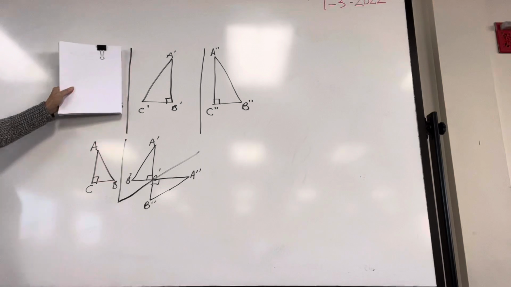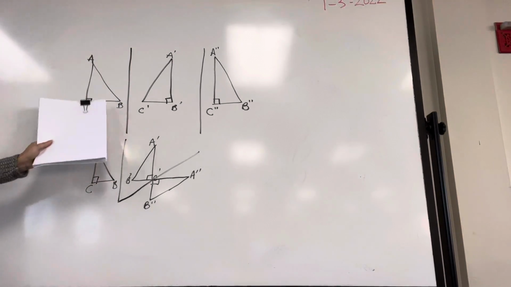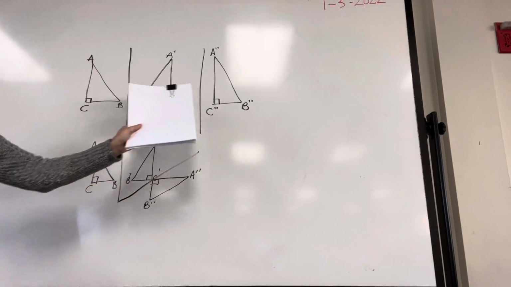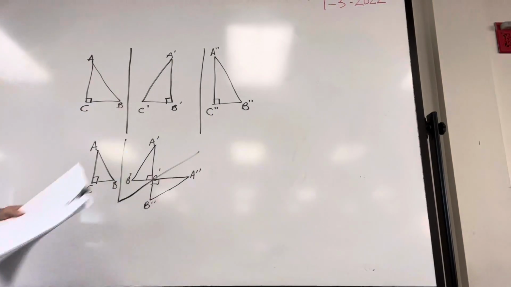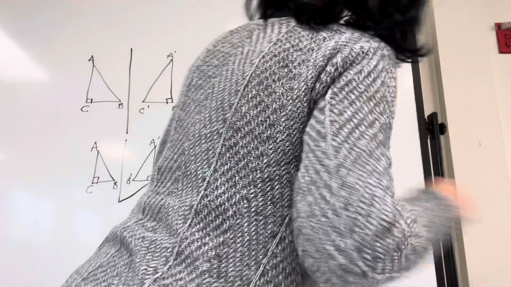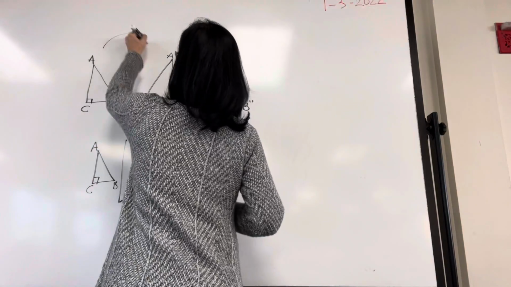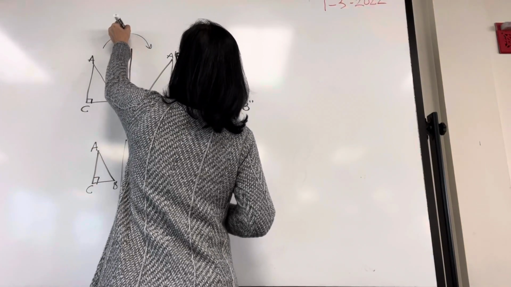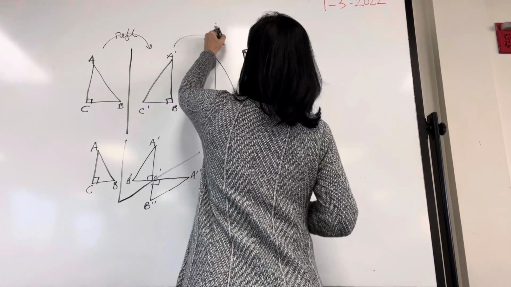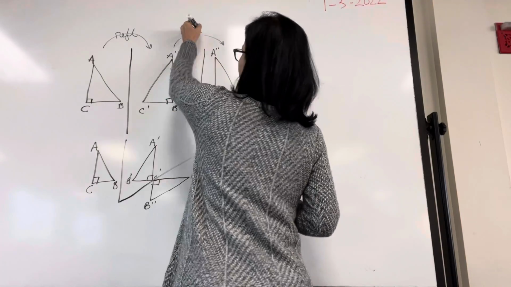It's also a reflection. So we have two reflections, right? We reflect here to here, then we reflect here to here. So you agree this is two reflections, right? Here to here is a reflection, and here to here is a reflection.